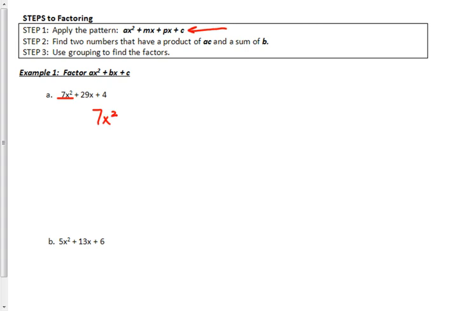Now what I look at is the trinomial piece. This is a plus plus. If it's plus plus, your binomial has to end up plus plus. So I'm going to say plus some number that we need to find out, plus some number that we need to find out. So there's my plus plus piece. The last thing is I put my plus 4 down.